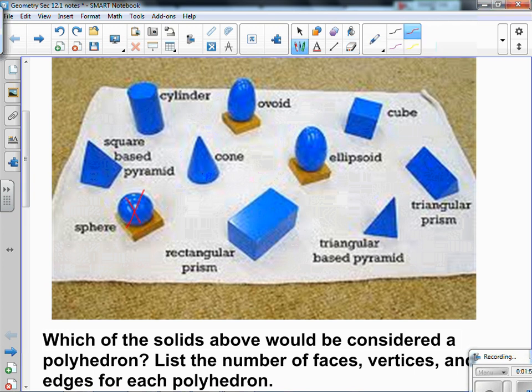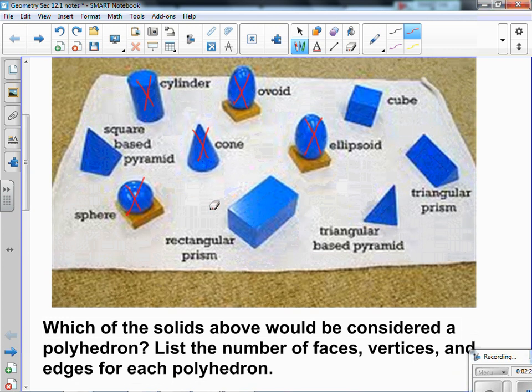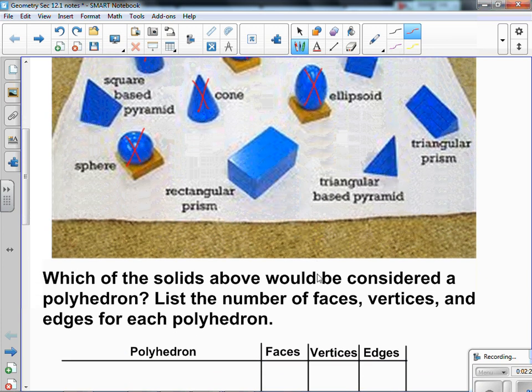Sphere, the ovoid, and the ellipsoid, and then also the cylinder and the cone, which have circles in them. We will come back and look at a sphere, cone, and cylinder later on in the chapter, but for right now they don't fit the rule for polyhedron. And so we have 5 figures left that would be polyhedrons.